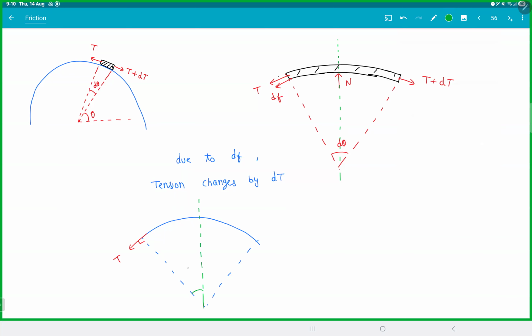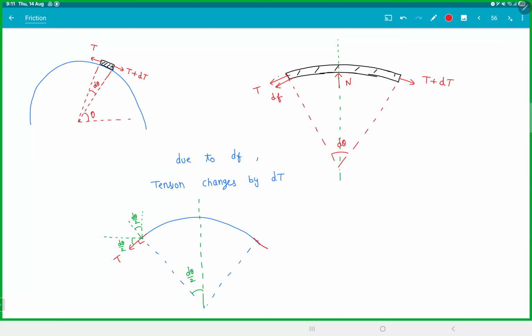If you take a half angle, this will be d theta by 2. So if that is d theta by 2, this angle will be d theta by 2. That will be 90 minus d theta by 2. This angle will be d theta by 2. Remember them, will be useful because this will come at least 6 times.